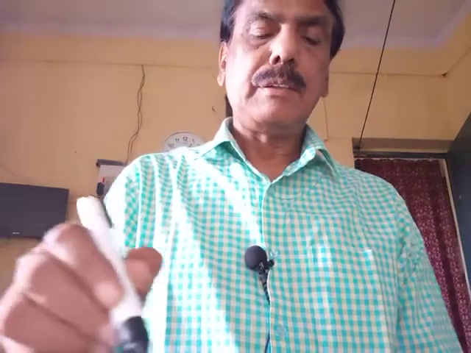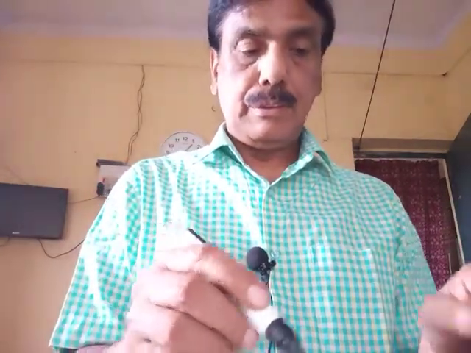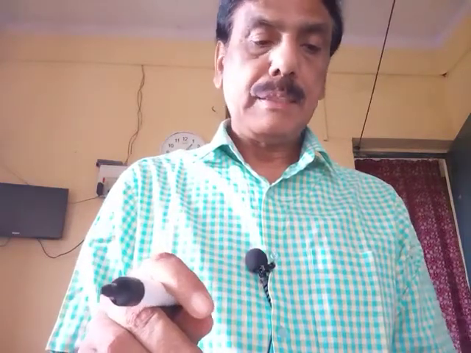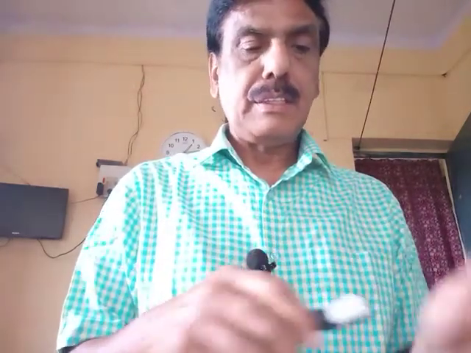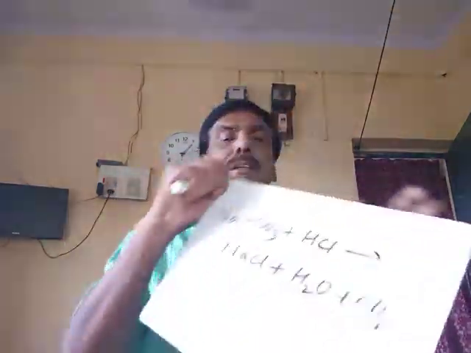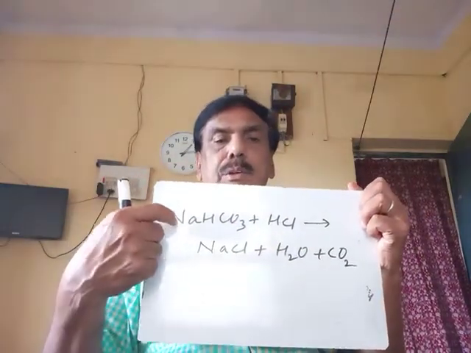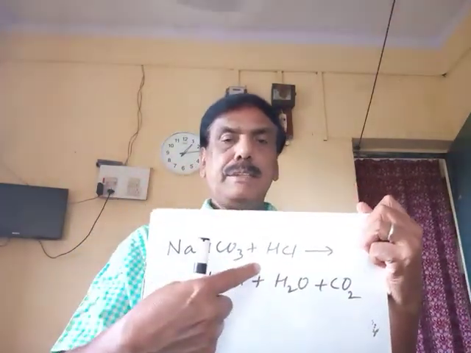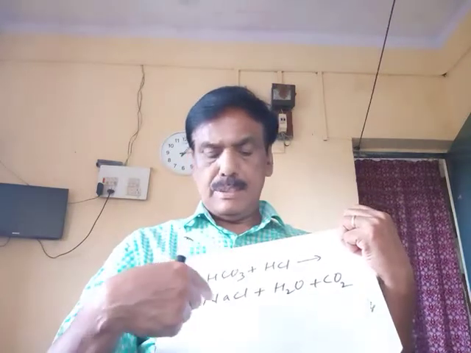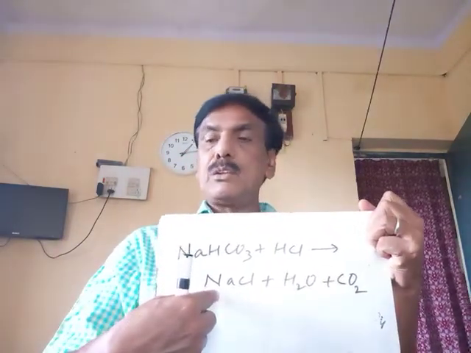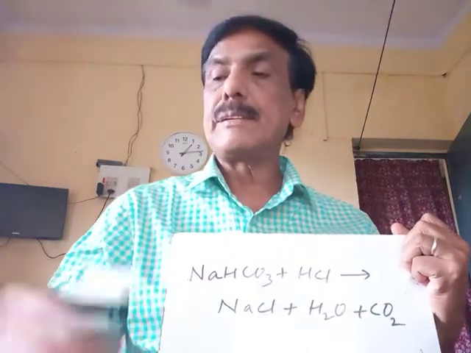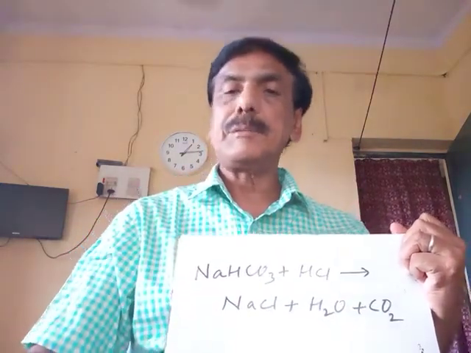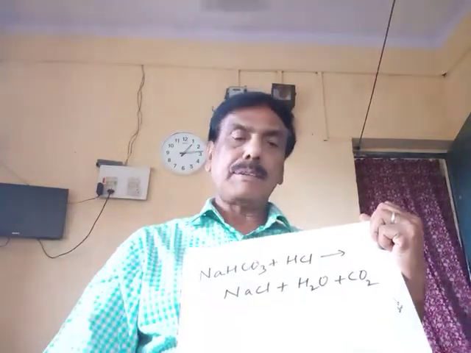You always have to balance the reaction. Balancing of the reaction is always required. This is the reaction: sodium hydrogen carbonate with the acid gives sodium chloride, water and carbon dioxide. Carbon dioxide is a gas.